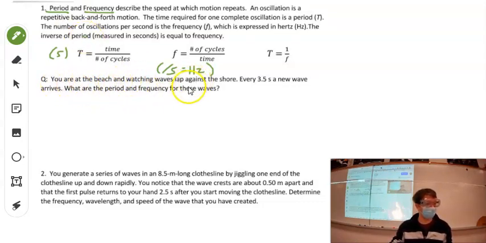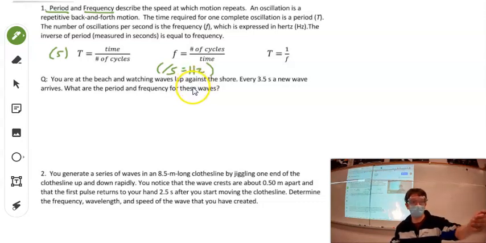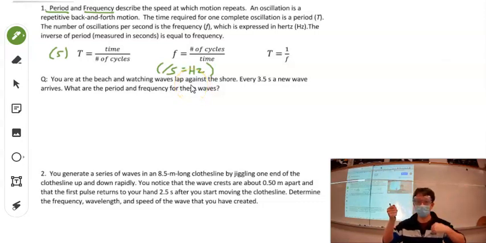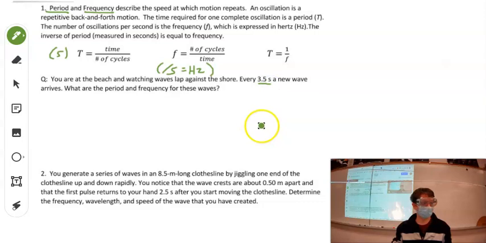So you're at a beach and you're watching the waves hit the shore, one after the other. And you decide, I'm going to time how long it takes between two successive waves. So one wave hits, you start the timer, you wait, the next wave comes. When it hits, you stop the timer and you measure 3.5 seconds.